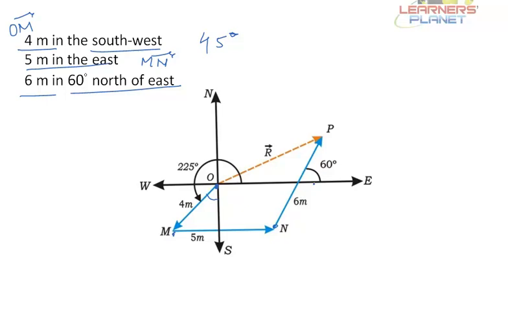This length is 6 meters and the angle that it makes is 60 degrees north of east. Now we have to specify the resultant vector or the final displacement vector, that means its magnitude and the angle that it makes with the east direction.